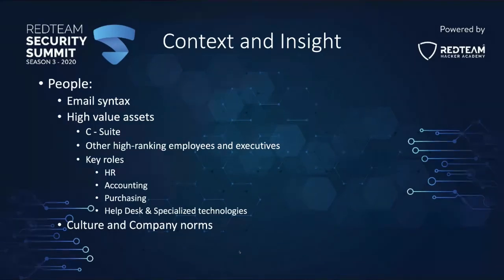But we also have other high ranking employees and executives. In the United States, one of the federal agencies is the Securities and Exchange Commission, which governs mandatory reporting for publicly traded companies. As a byproduct of that, they have to submit quarterly and annual reports.